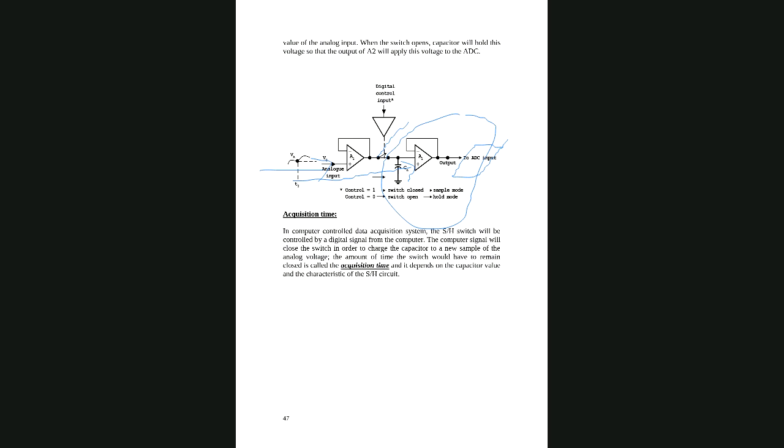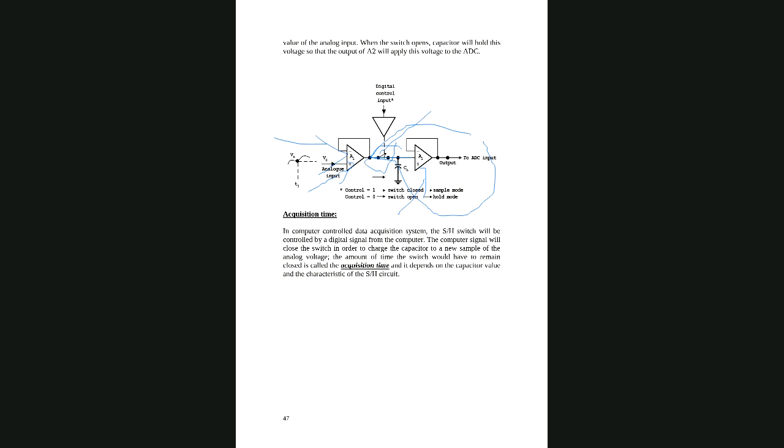Once one input is inside, this door will be open circuit, meaning no other input can go inside. Once this input has finished conversion, it will close again, and another input will come. This is called sample and hold.